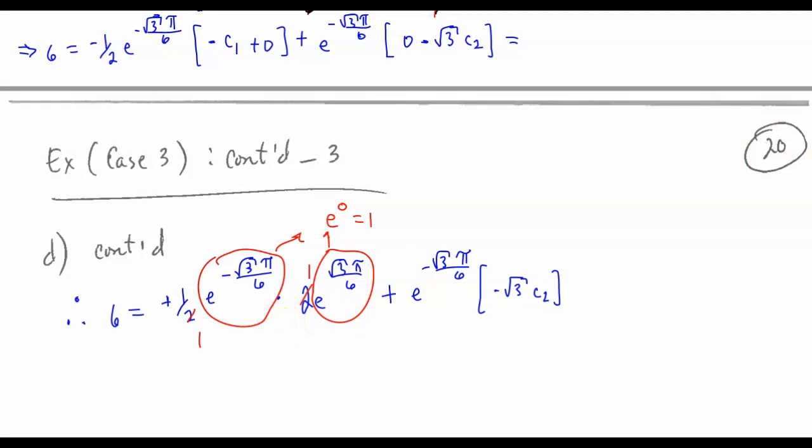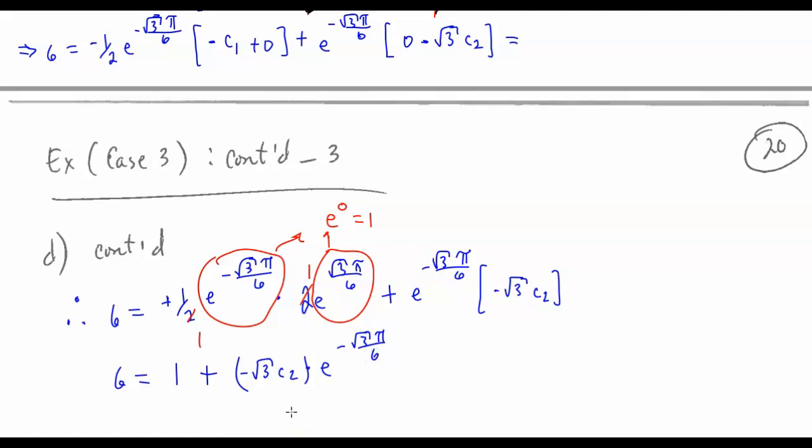Very convenient for us. So we're going to go ahead and write that. So this is going to be 6 equals 1 plus, and of course we have all this other business here, negative square root of 3 C2, and this is e raised to the negative square root of 3 pi divided by 6.